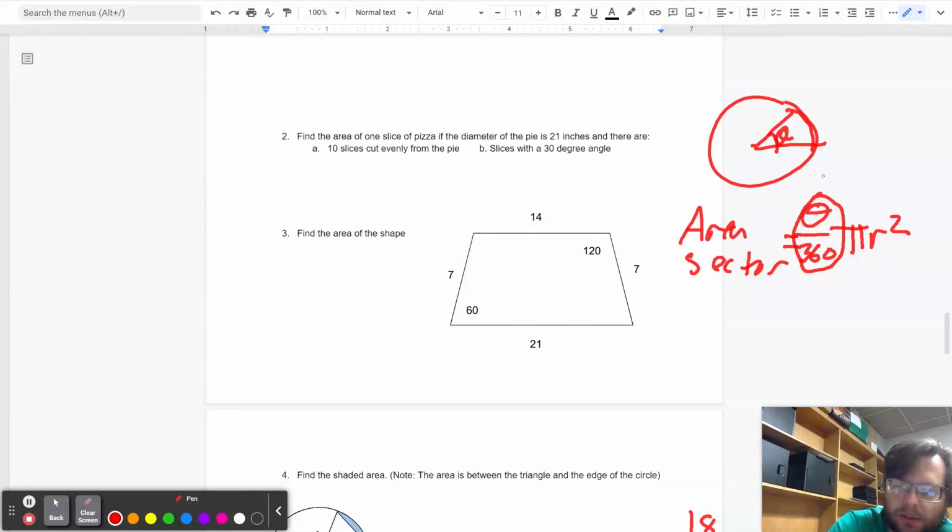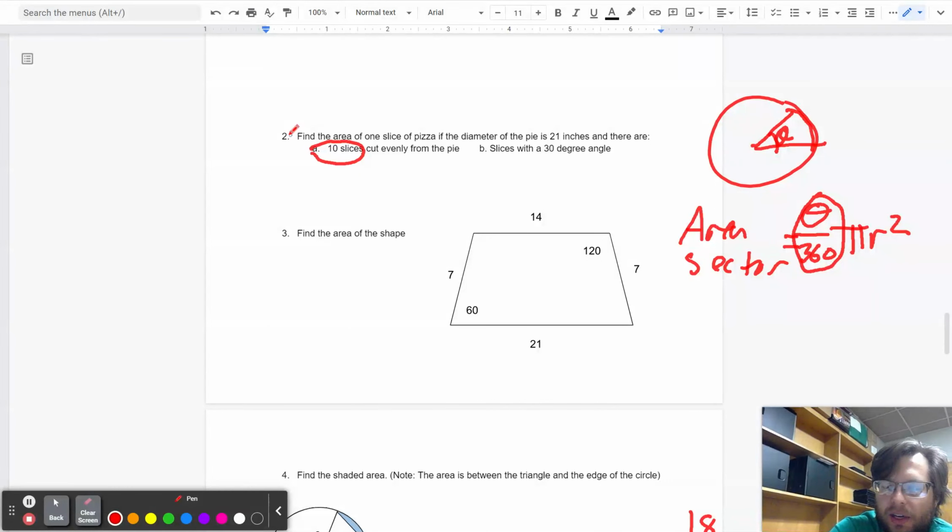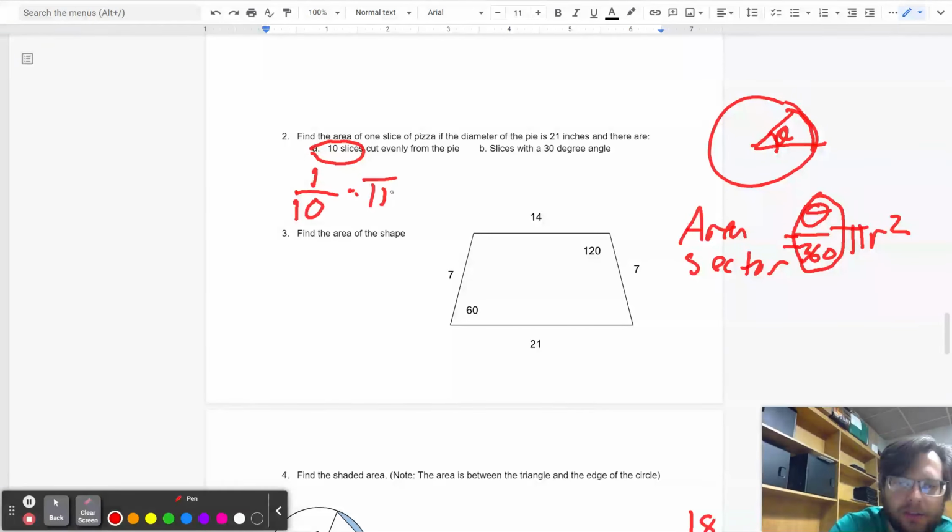So some people on this first problem here, where it says 10 slices, they figured out, okay, 360 divided by 10 is 36, and then they did 36 divided by 360. But you can just sort of skip that first step and just say, oh, well, if there's 10 slices, then it's 1/10 of a full circle. So times pi times r squared.